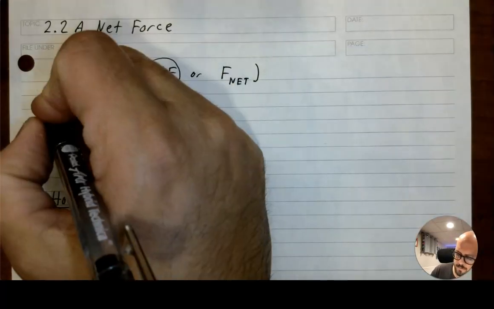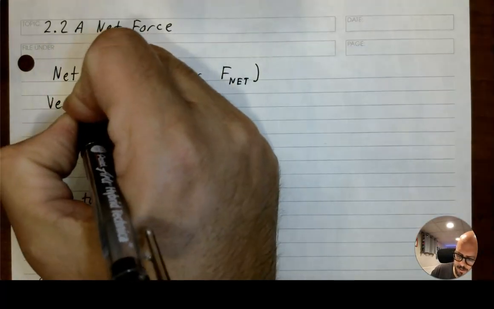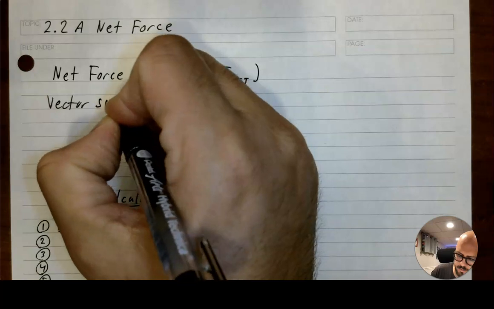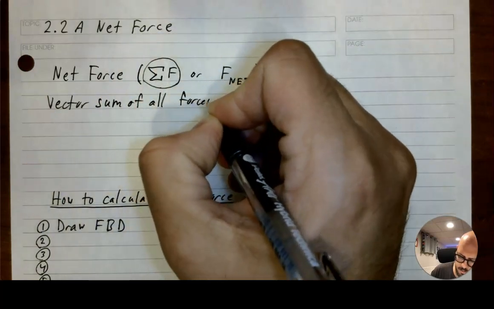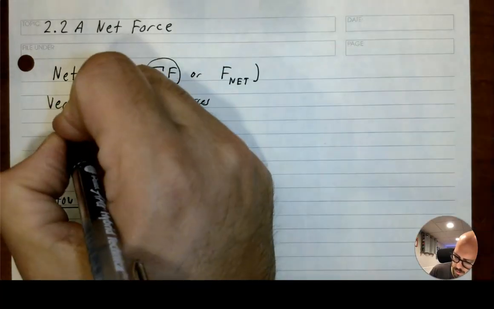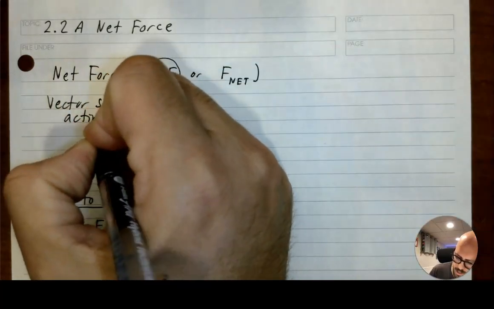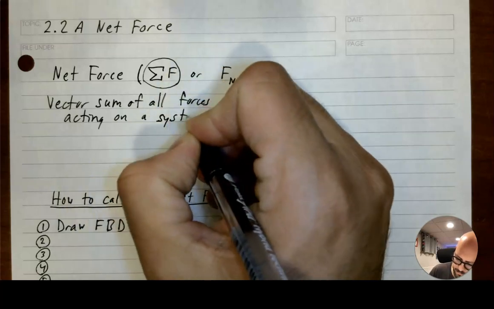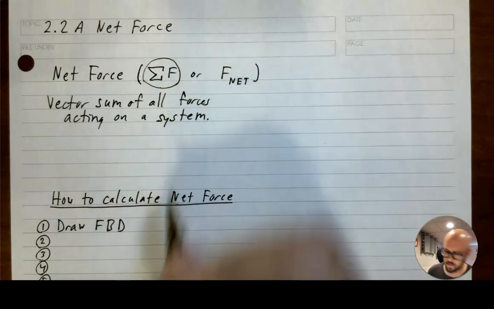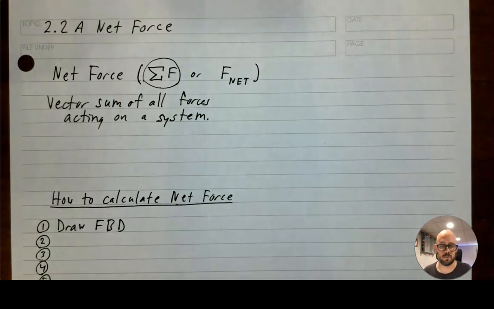Net force is defined as the vector sum of all forces acting on a system. So a vector sum is different than a regular sum because vectors have a direction to them.